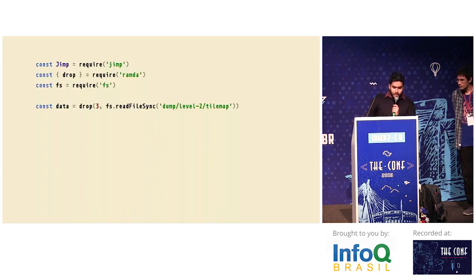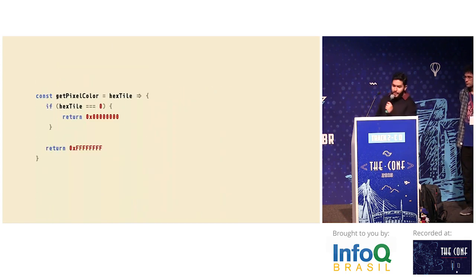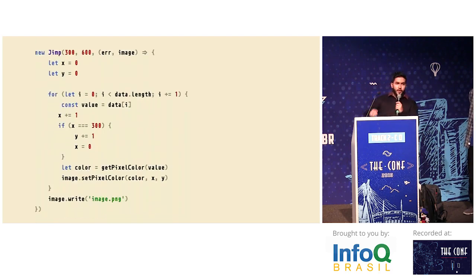Here we are loading the libraries and the tile map, and we dropped the first 3 bytes because they are not relevant for this. They were headers. We then paint white if the code is 0, 0, and otherwise we paint black. Here we are looping over every byte in the tile map to paint each pixel on the BMP file.